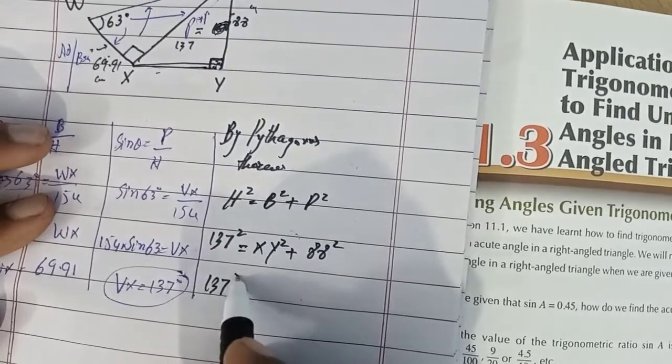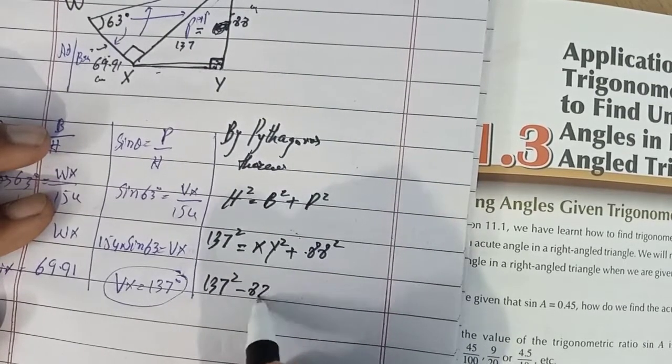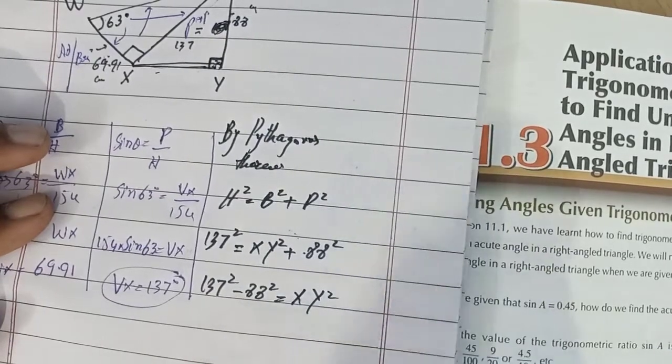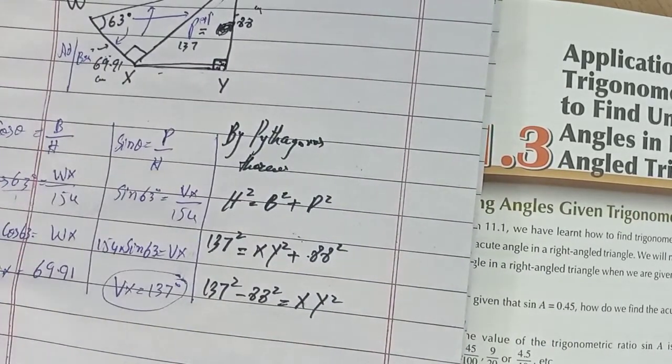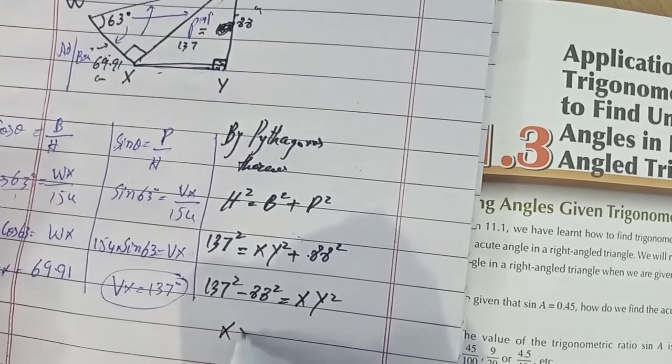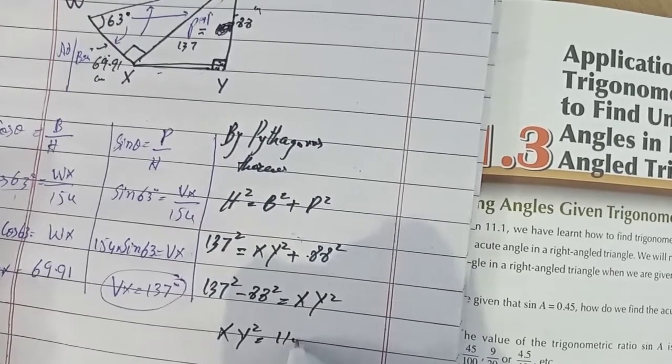I shift this 88 square to the other side. Now I subtract 88 square from 137 square. So the answer over here is 11025.